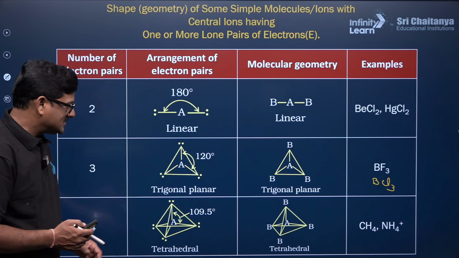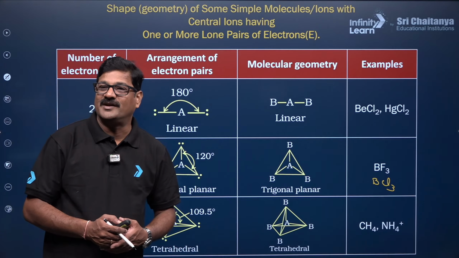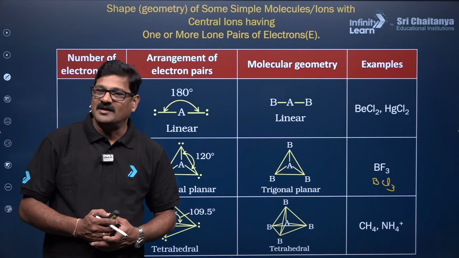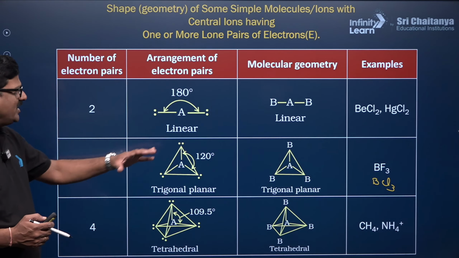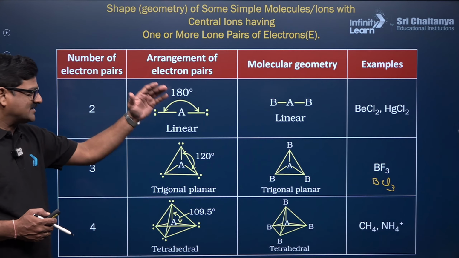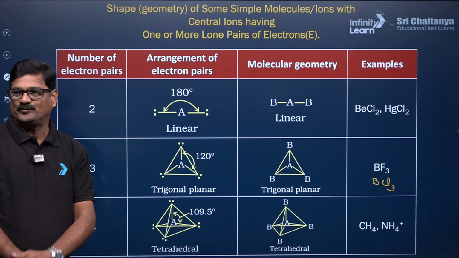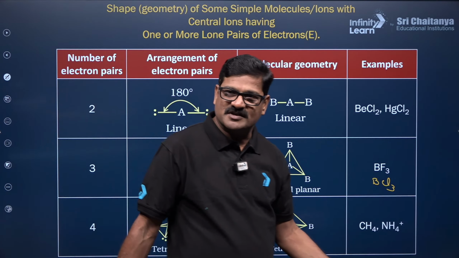And tetrahedral, your favorite molecules methane and ammonium ion. Hybridization could be anything over here; in general sp, sp2, sp3. Any doubt? This is how the tables are given.